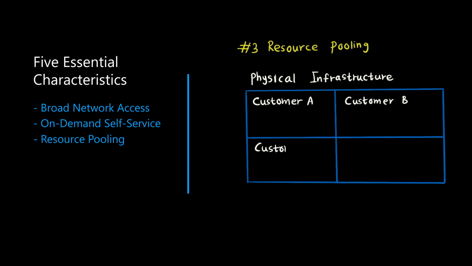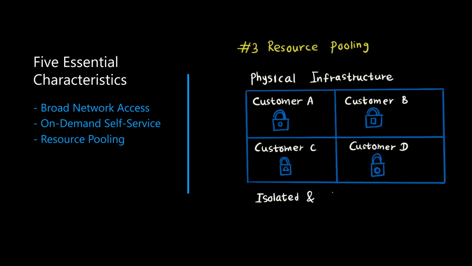Well, that's where virtualization and sophisticated isolation techniques come into play, which we'll explore in detail later. The key point here is that through resource pooling, providers can make massive capital investments in state-of-the-art data centers, cutting-edge hardware, and redundant systems that no single organization could afford on its own. These resources are then dynamically allocated based on demand, ensuring optimal utilization and cost-effectiveness for everyone involved.